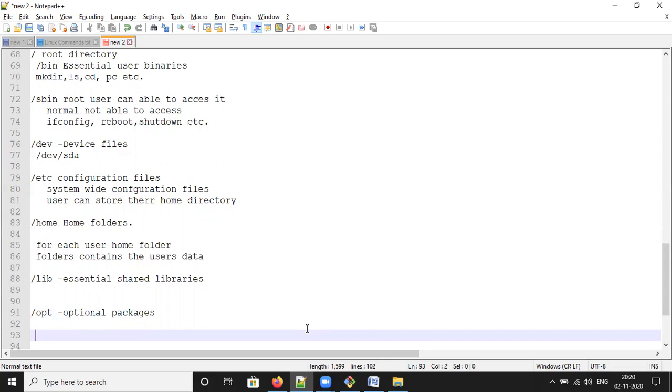Suppose you are downloading software like Java, Jenkins, or Apache, you can place it in the /opt directory, and from there optional subdirectories for each package will be available. It is commonly used by proprietary software that doesn't obey the standard file system hierarchy.